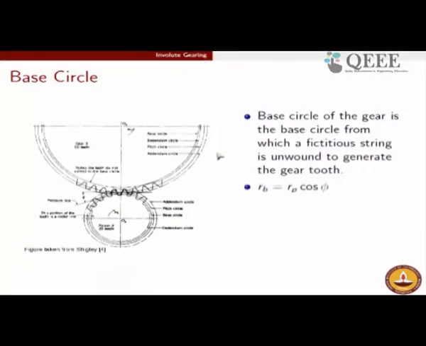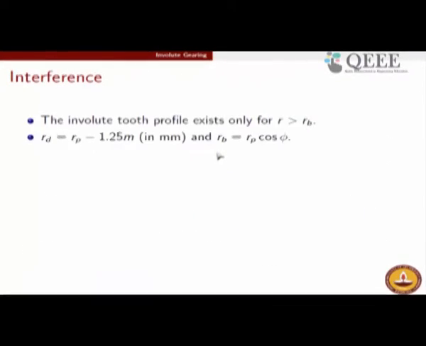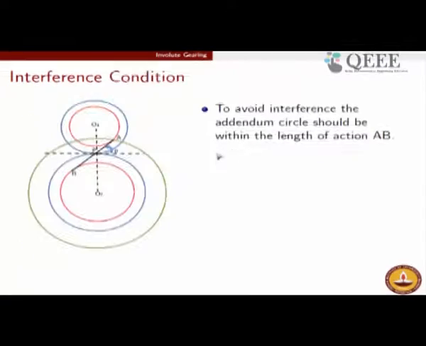So what we have to make sure is that the addendum circle never crosses this point A, from the perspective of the pinion. The addendum of the mating gear should not cross this point A. If it crosses, then it will not see an involute action, and therefore there will be interference.